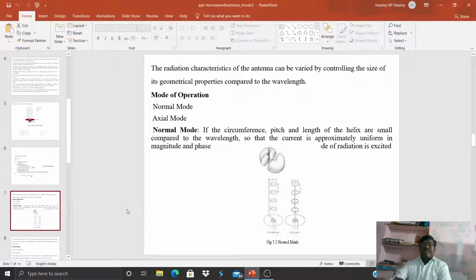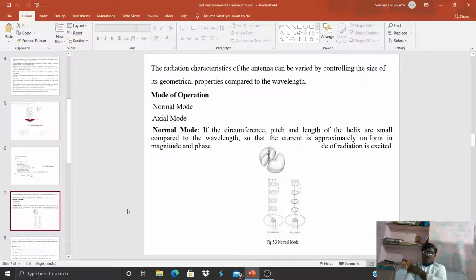Now the radiation characteristics of the antenna can be varied by controlling the size of its geometrical properties compared to the wavelength lambda. In the helical axial mode helical antenna, if you want to control the radiation characteristics, you vary the geometrical properties of the helical antenna compared with the wavelength.